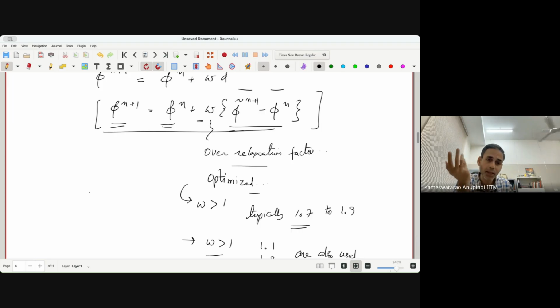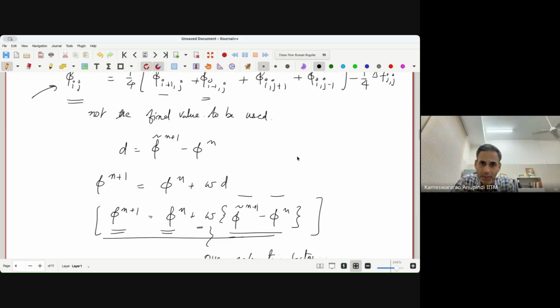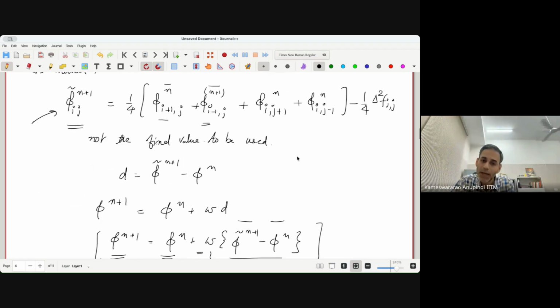If Gauss-Seidel takes, let us say, some 300 iterations, the SOR method would only take around 50 or something like that. So that is the power of the successive over relaxation method, which reduces the number of iterations.